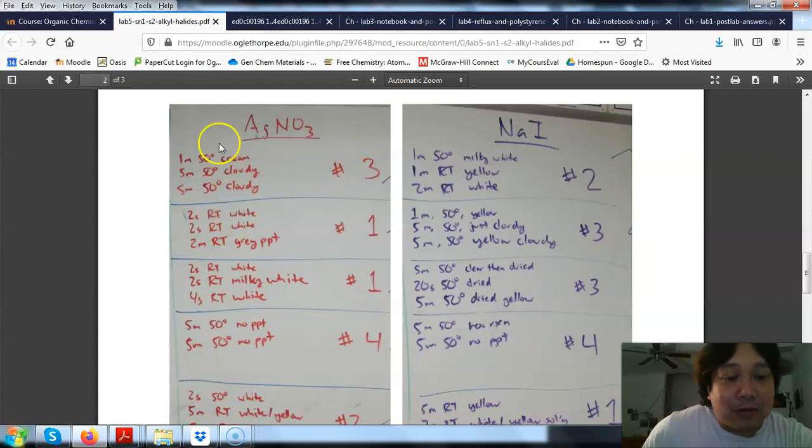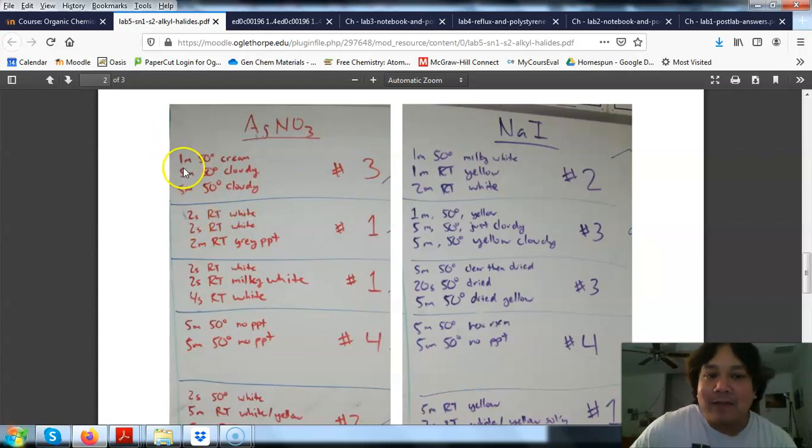So there are 3 groups, or 3 people, that did the silver nitrate test on unknown number 3, and this is their data. I believe that this minute is how many minutes they had the reaction under 50 degrees. So the procedure says to start at room temperature.